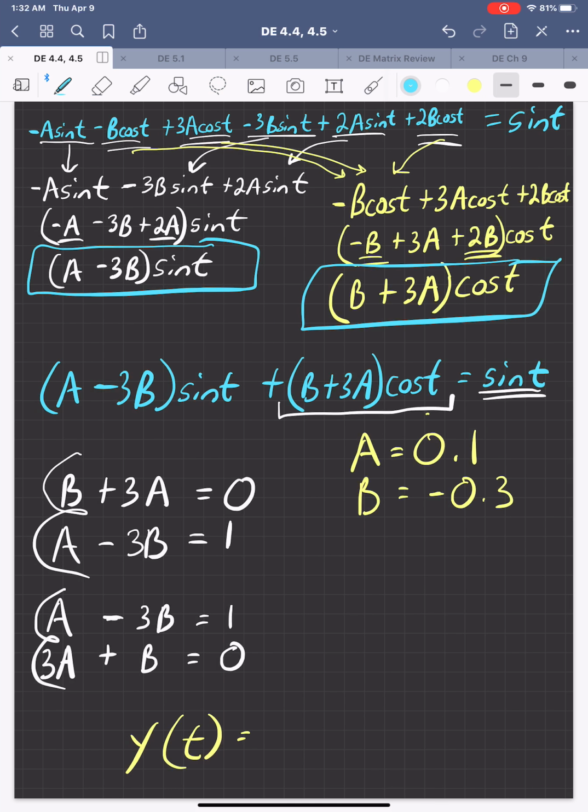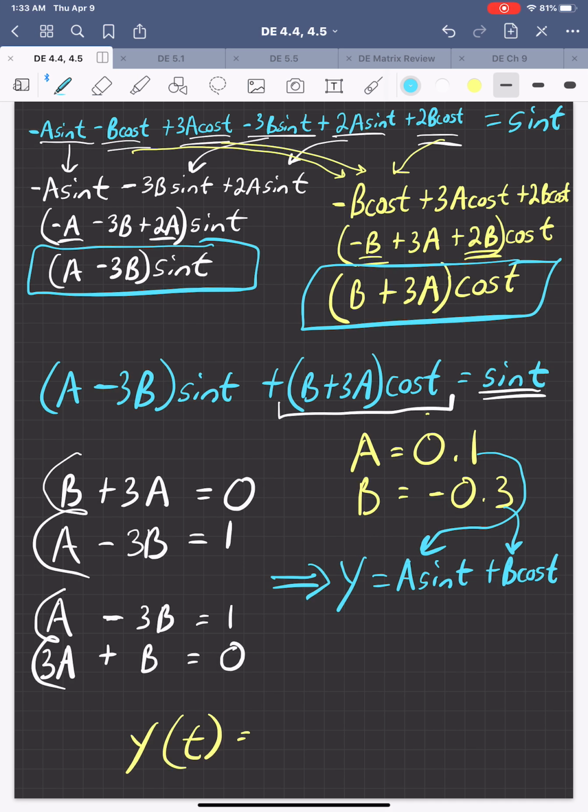When you're writing your answer, remember y we said was a sine of t plus b cosine of t. That was our guess for y, and we got it to work. So make sure that you're plugging the a and the b into your y equation.